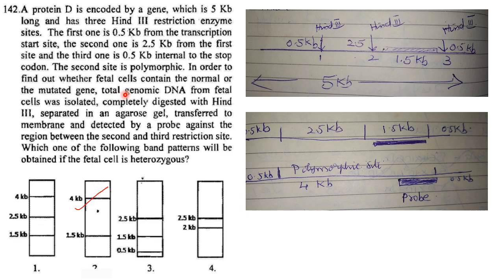And so what they did was they isolated the total genomic DNA from fetal cells, digested it with Hin3, separated them on an agarose gel, that is they did southern blotting, transferred to membrane and detected by a probe against the region between second and third restriction site. So this is the probe region over here, 1.5 kb.